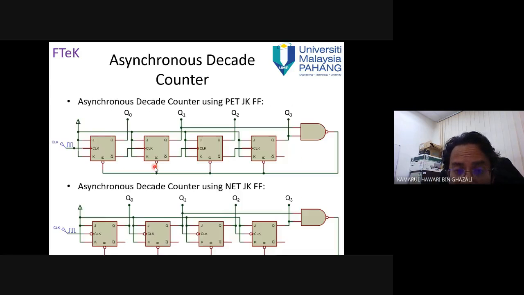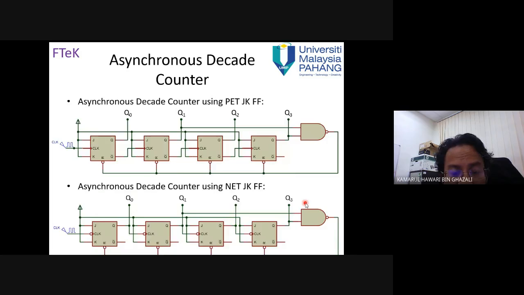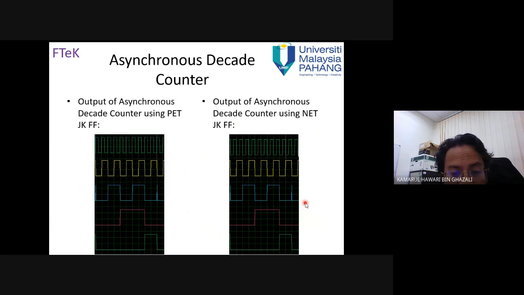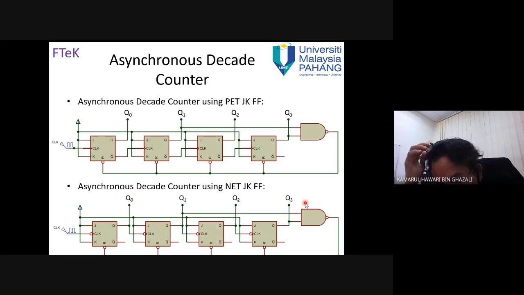Q0 is 1. Kalau kita perhatikan yang ni, dia connect to Q1 kan. Q1 means that Q3, Q2, Q1, Q0, Q1 and Q3, Q1 and Q3. 1, 0, 1, 0, 1.